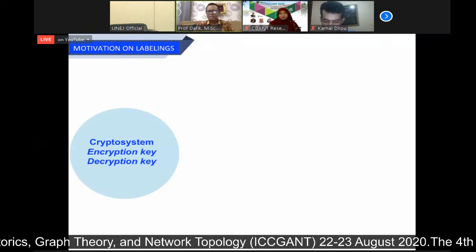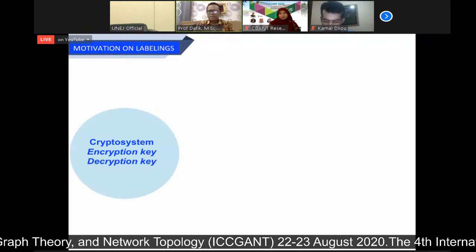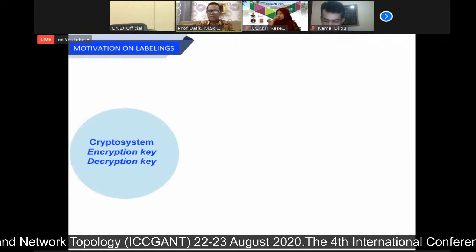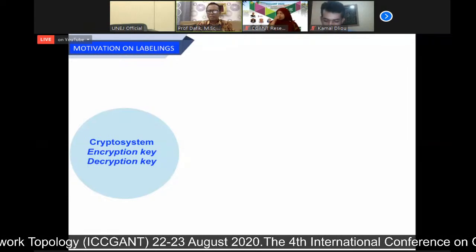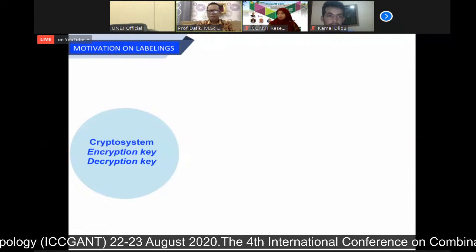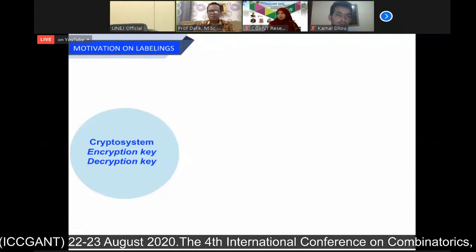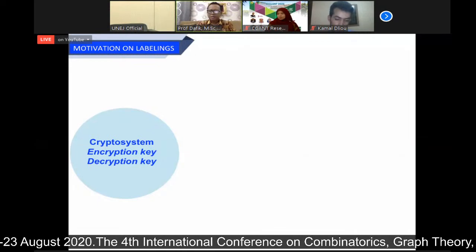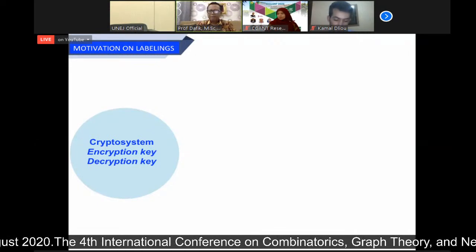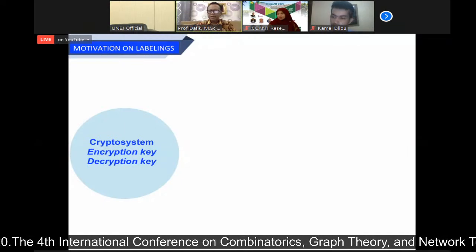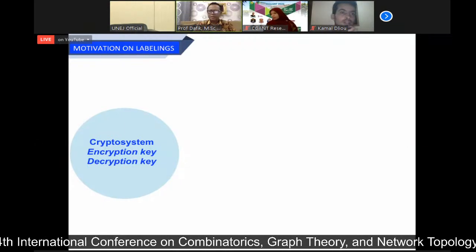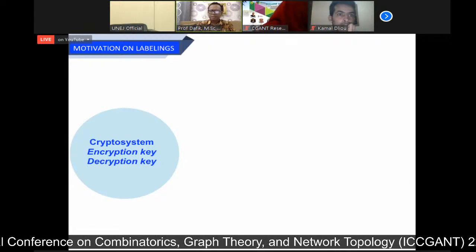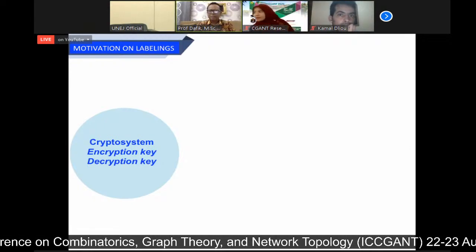Diffusion research is taking the research result into social life. Professor Slamin already mentioned the application of graph labeling, graph coloring, as well as graph in degree diameter, for example, in real life.